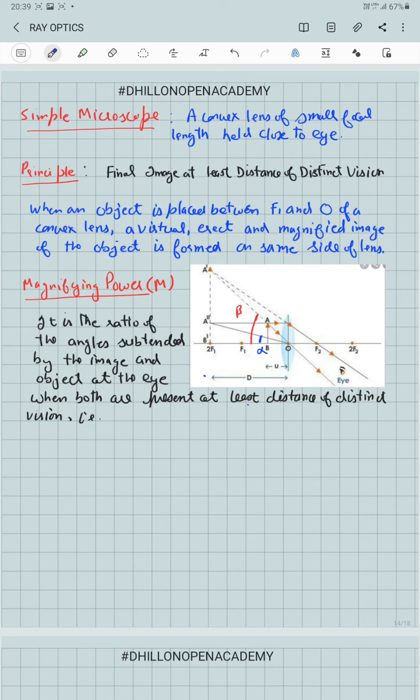When we shift object AB to the least distance of distinct vision, that is at 2f1, which is A double dash B dash, then it subtends an angle alpha, which is A double dash O B dash. In that case, the magnifying power m will be equal to the ratio of beta and alpha.